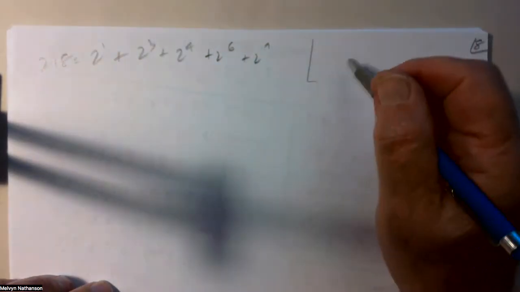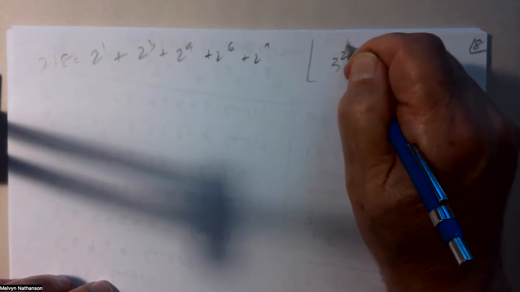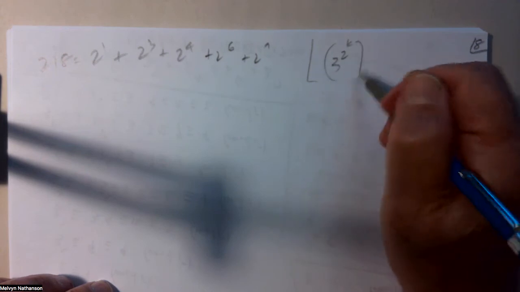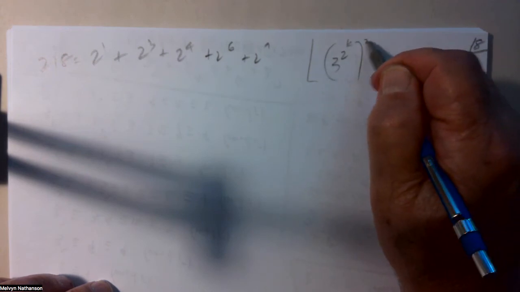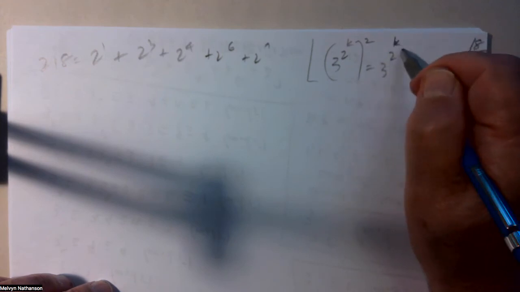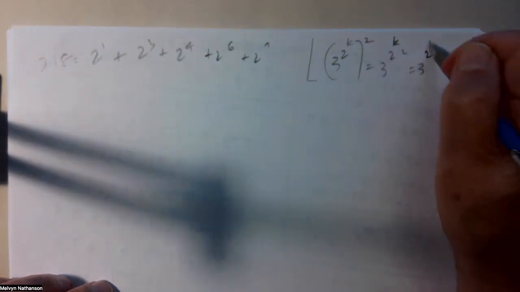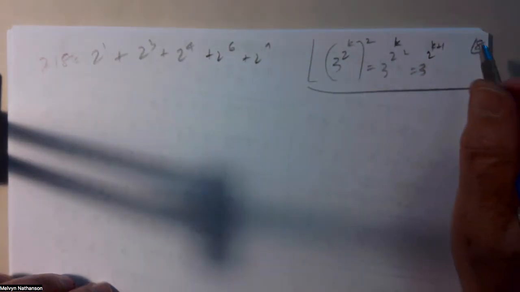Now I want to observe the following. If I have 3 to the power 2 to the k, and I square it, I multiply it by itself, I get 3 to the power 2 to the k times 2, or 3 to the power 2 to the k plus 1.